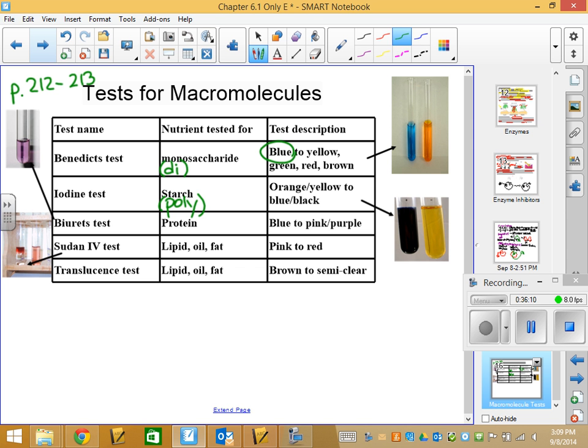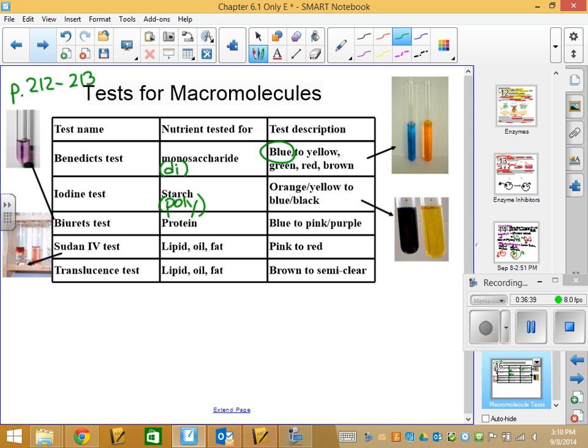Now the third test is the Biuret, and I find that people mix up Benedict and Biuret because they start with the same letter. And so that's one that you have to pay particular attention to. The Biuret test is for proteins, and the Biuret test starts off blue and ends off a pinky purple color.